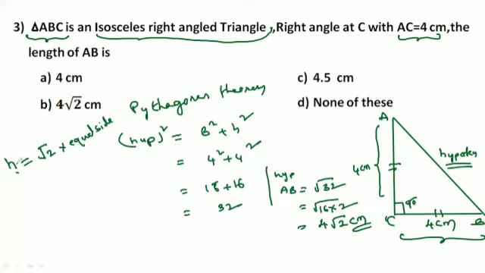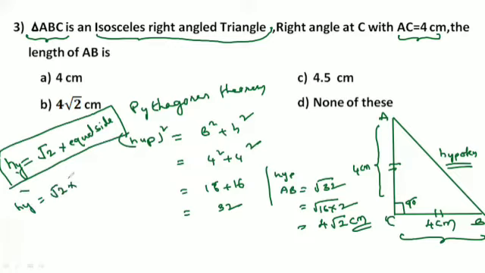The hypotenuse is always root 2 times the equal side. This is the property, children. Now in this case, we need to find the hypotenuse, which is root 2 into the equal side. What is the equal side, children? 4. That's it. Now 4 into root 2 centimeters. I've got the same answer.